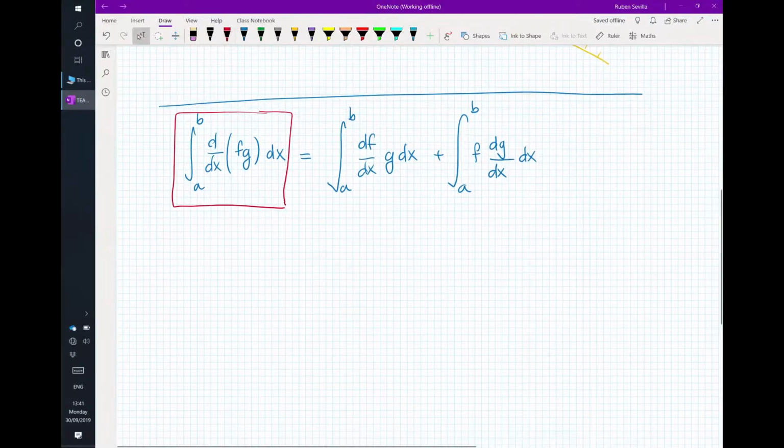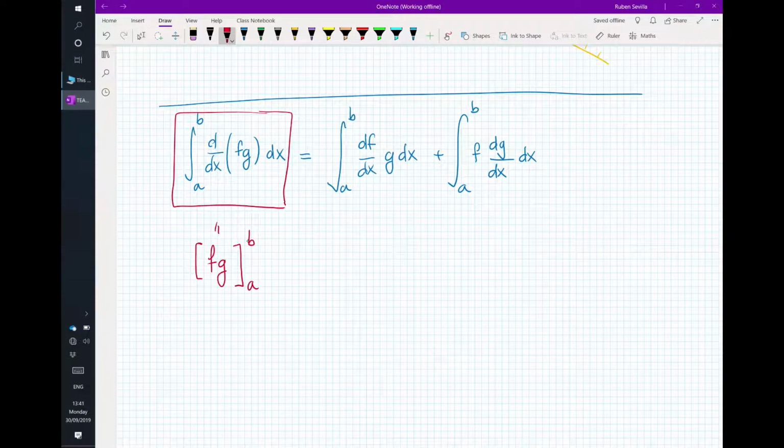So this is simply the function inside evaluated at the ends. The integral and the derivative are like opposite operations. And this is nothing but fg evaluated at b minus fg evaluated at a. Okay?